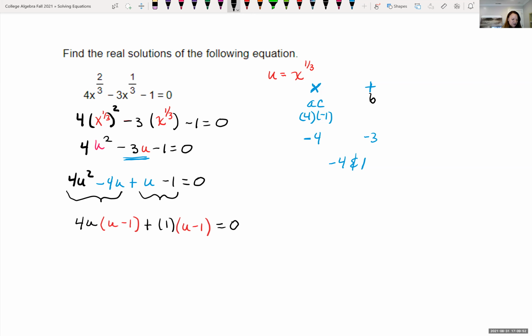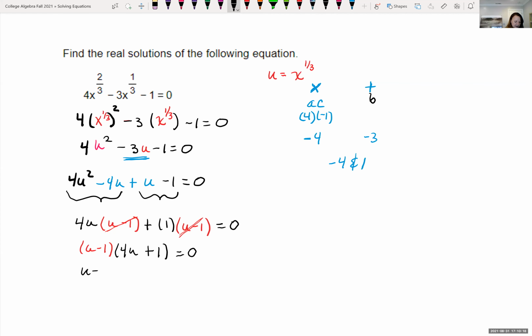So now with this trick, I have the same thing inside the parentheses, this u minus 1. If I pull out u minus 1 from that first term, I'm left with 4u, plus, and if I pull out the u minus 1 from that second grouping, I'm just left with a positive 1. And this is equal to 0.